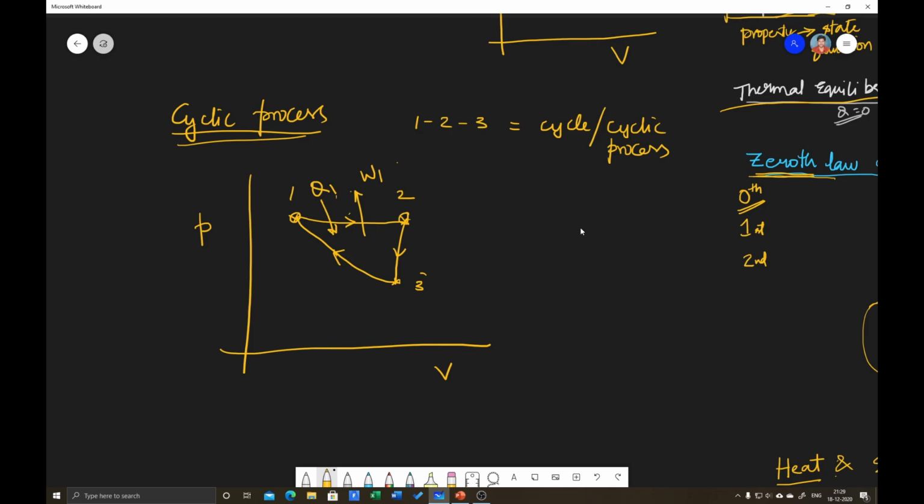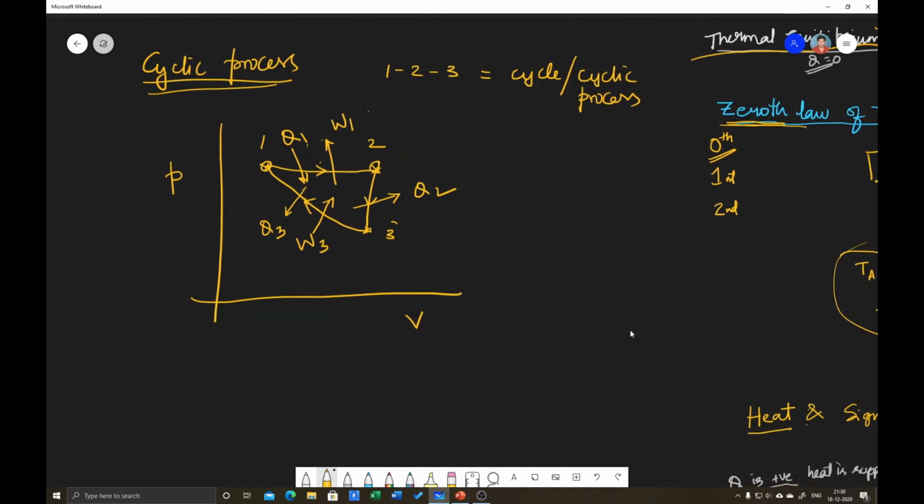And during the 2 to 3 process it is a constant volume process, there is no work, only heat is rejected. And during the 3 to 1 process, it is a compression process, so it is W3 and there is some heat rejection Q3.